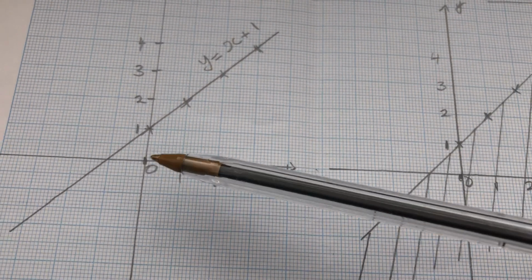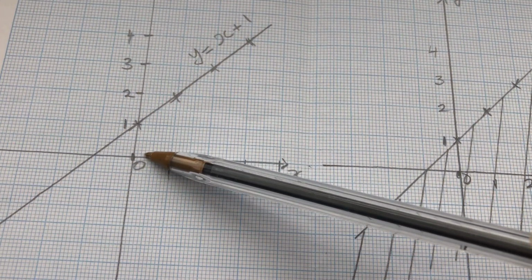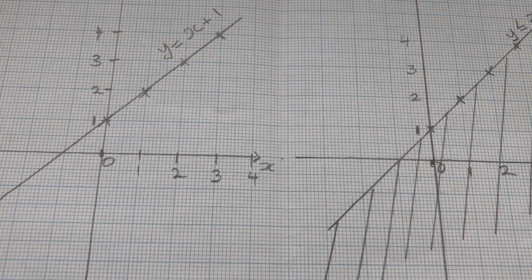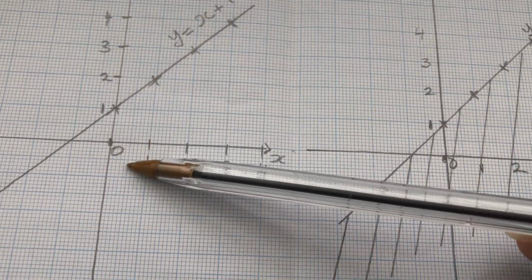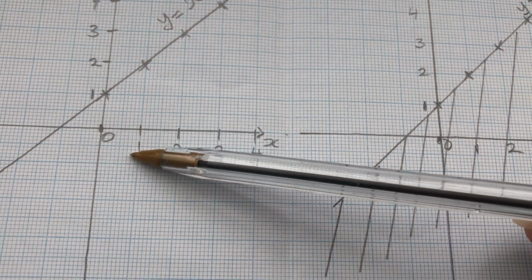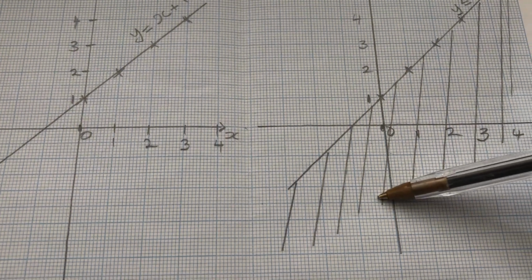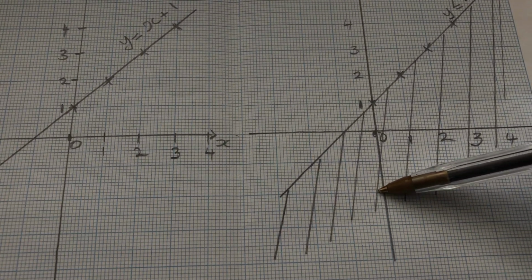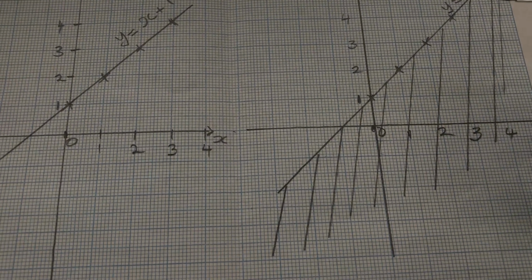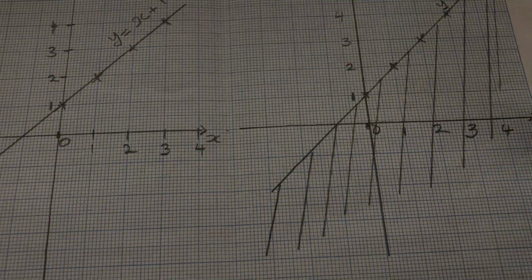Because the origin 0, 0 is not on the line, it's easier to substitute. So we got 0 less than or equal to 1, which is always true. It will be forever true.